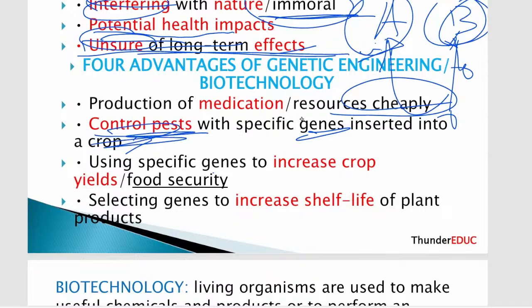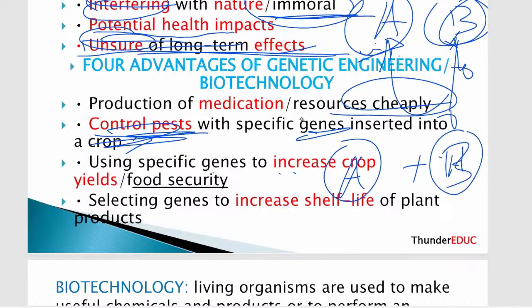Number three, using specific genes to increase the crop yield. Crop yield means crop production. Plant A and plant B, the same story. Maybe plant A produces a lot of food, and plant B can't produce a lot of food.